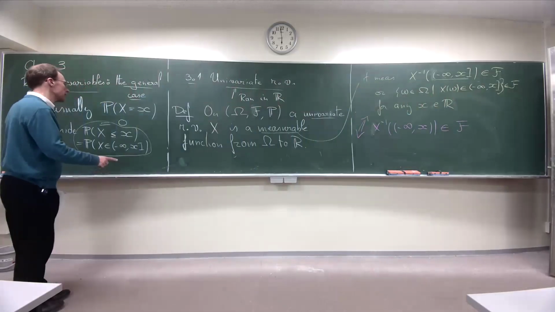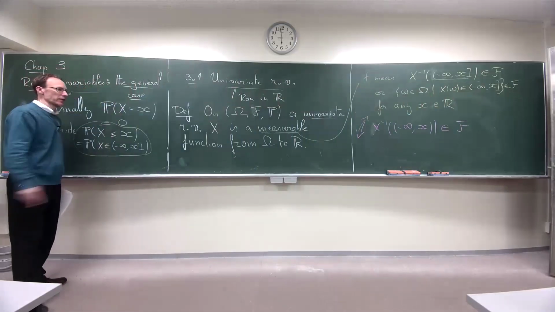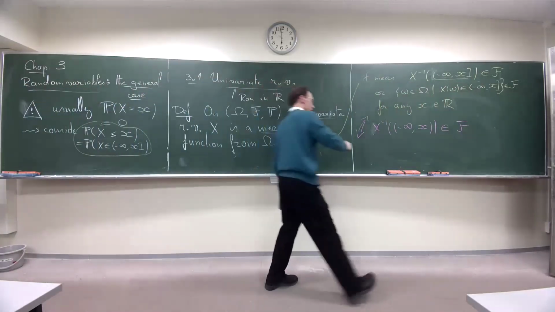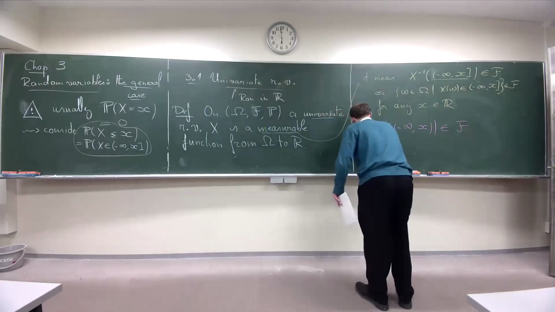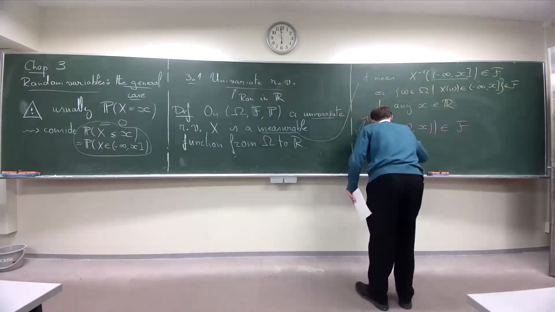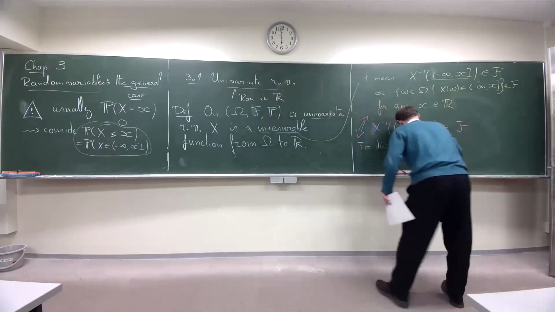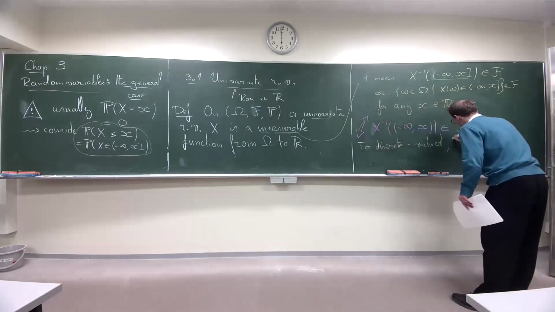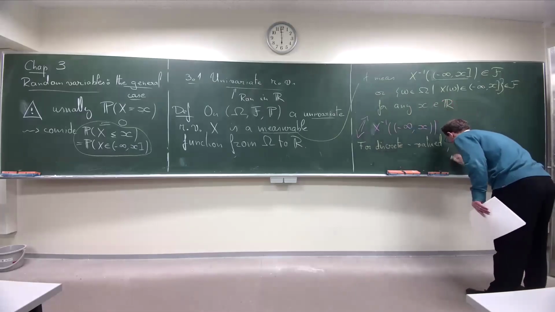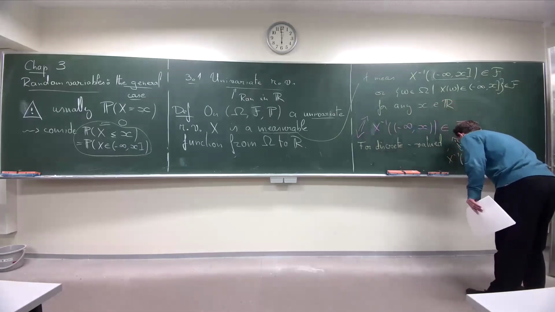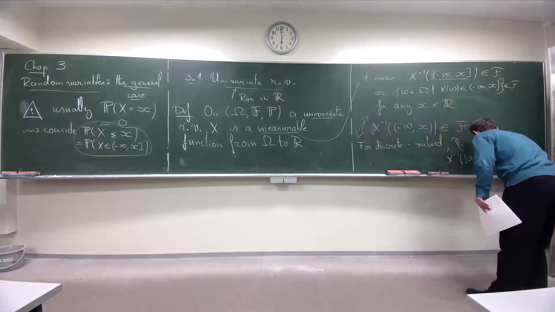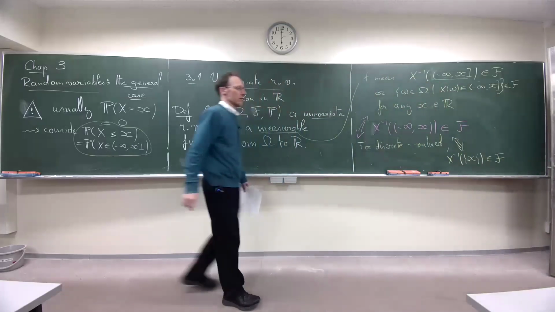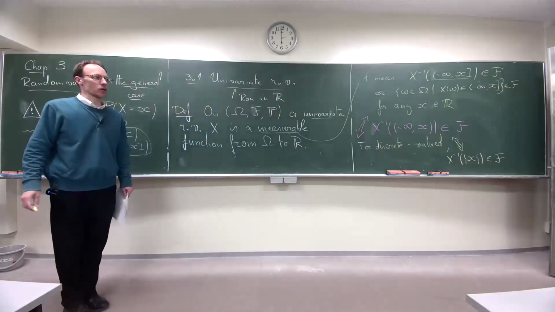And for discrete valued, we had already this, but this last line is only true for discrete valued. This is still equivalent to the preimage of just one point being in F. So for discrete values, you have more choice.